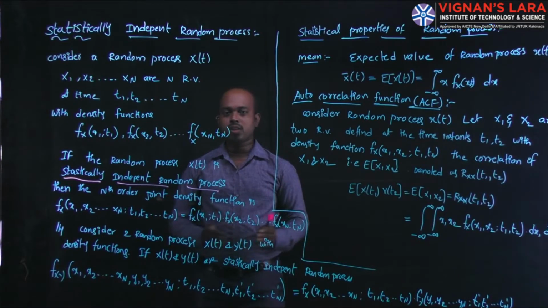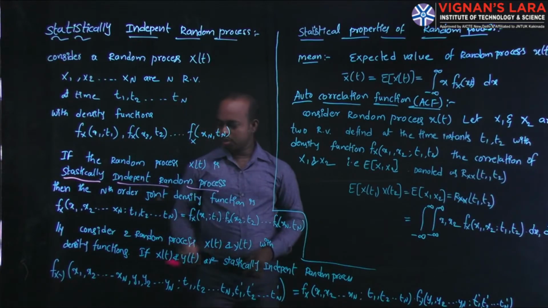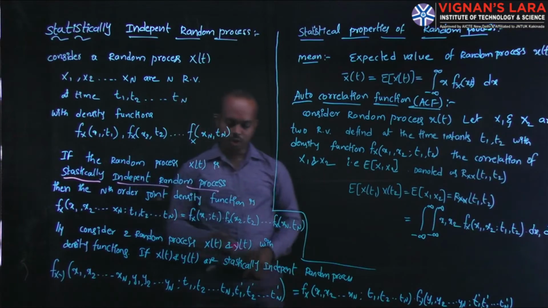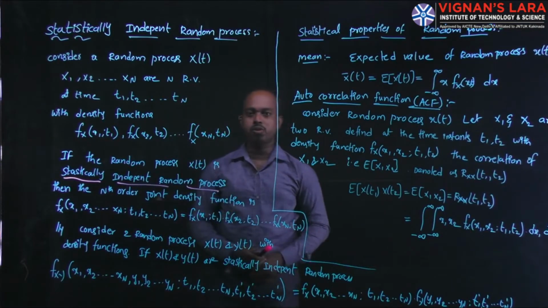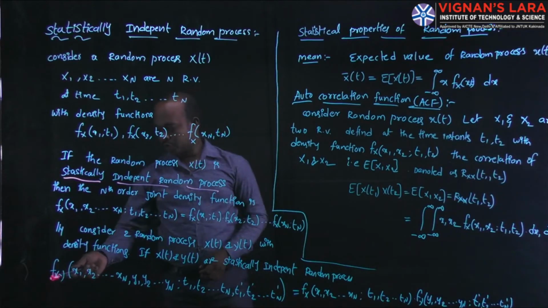Now, considering these parameters, we can write the joint density function of the two random processes with their density functions. If x of t and y of t are statistically independent random processes, we can write the joint density function as small fxy of x1 comma x2 and so on up to xn.